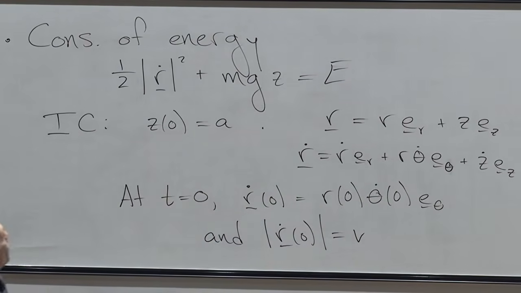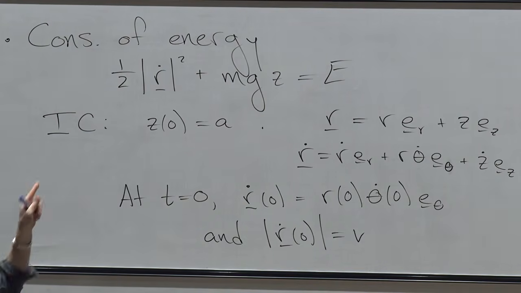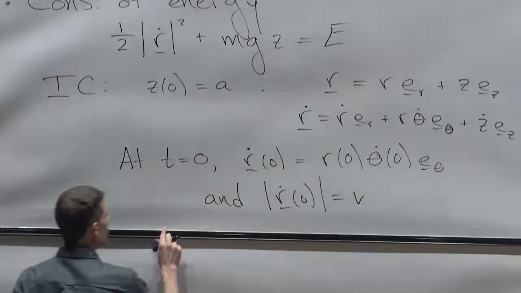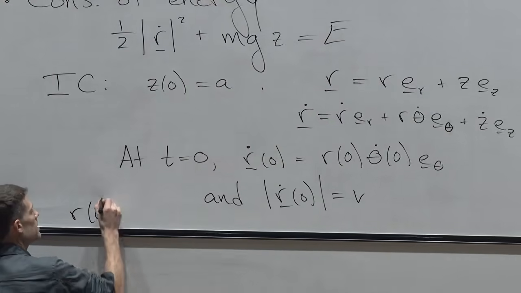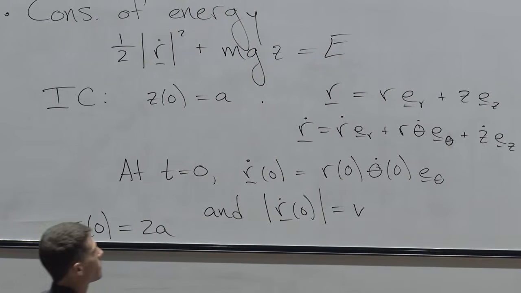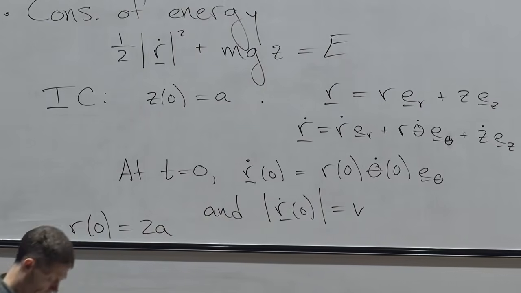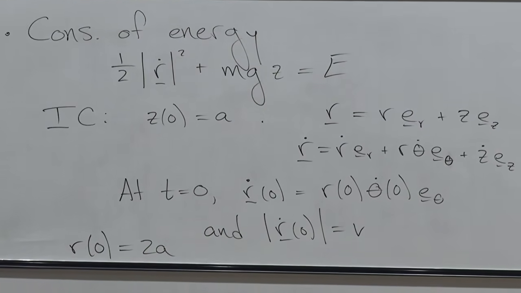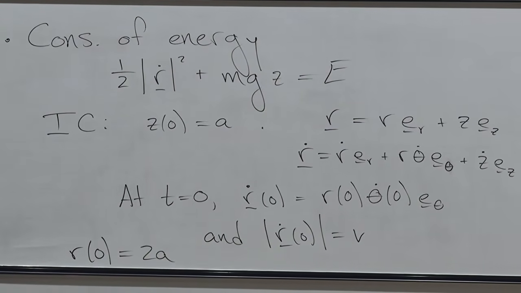My surface is z equals r squared over 2a, and z is starting at a, so if z is a, r is 2a. So r of 0 is 2a, and r of 0 times theta dot of 0 is v.